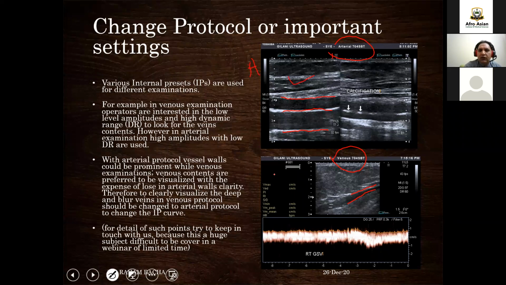But here at the venous protocol, low amplitude echoes have been given preference. At the arterial protocol, low dynamic range is used, but in the venous protocol, high dynamic range is used to evaluate inside the vessel lumen, the blood flow.